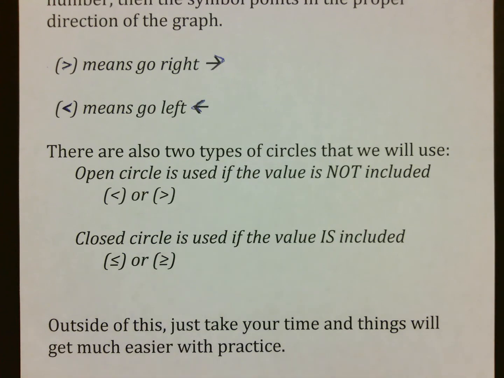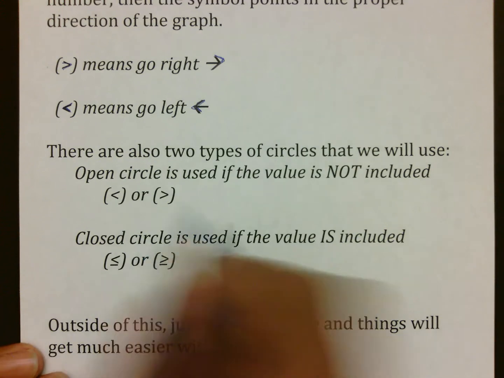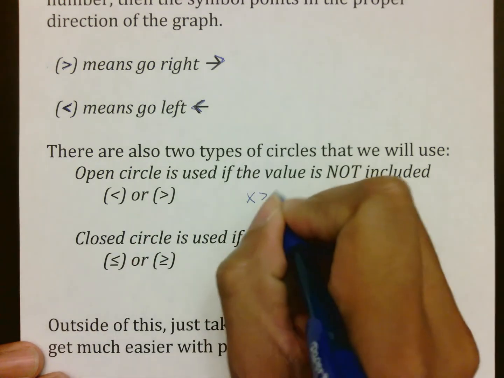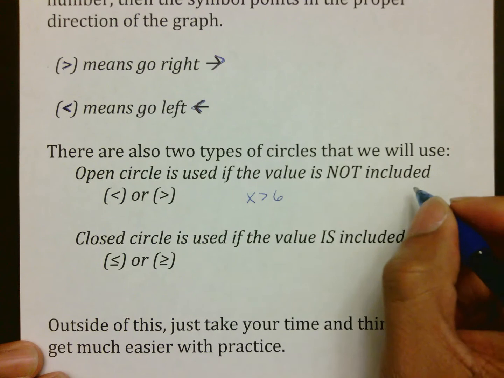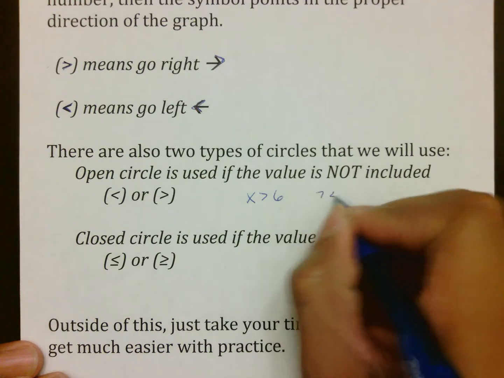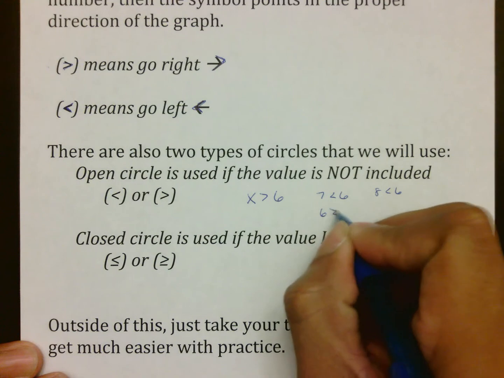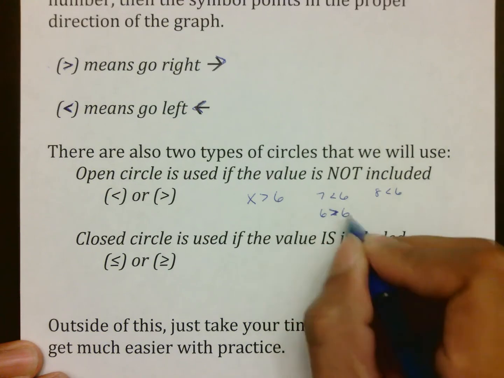Again, make sure you fill in the information. An open circle is used if the value is not included. What I mean by that, and just write this and pay attention to what I'm saying here: if I tell you that x is greater than 6, 7 is greater than 6, that would be true. 8 is greater than 6, but 6 is not greater than 6, because those two things are equal.